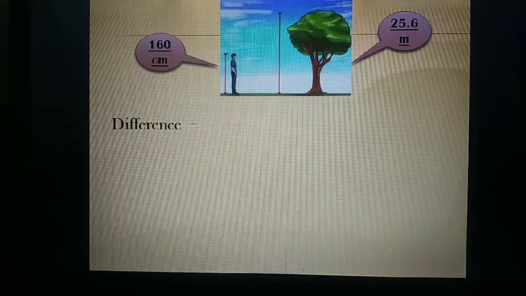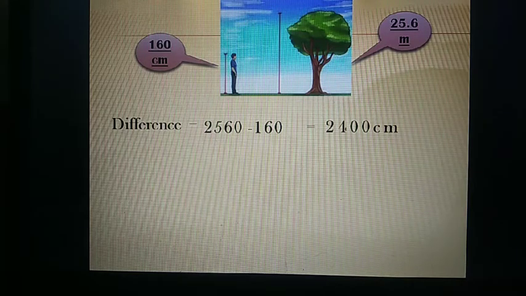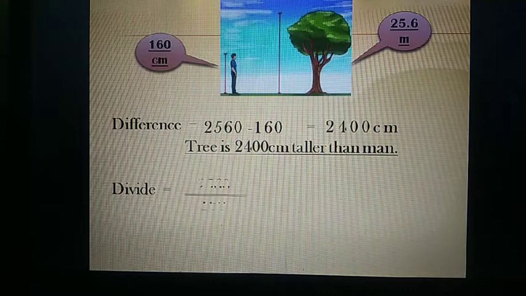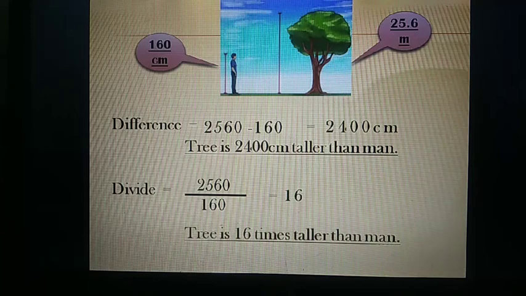Using the first method of difference, you will get the answer as 2400 centimeter, which means tree is 2400 centimeter taller than man. Using the second method, divide the two, you will get the answer as 16, which means tree is 16 times taller than man.